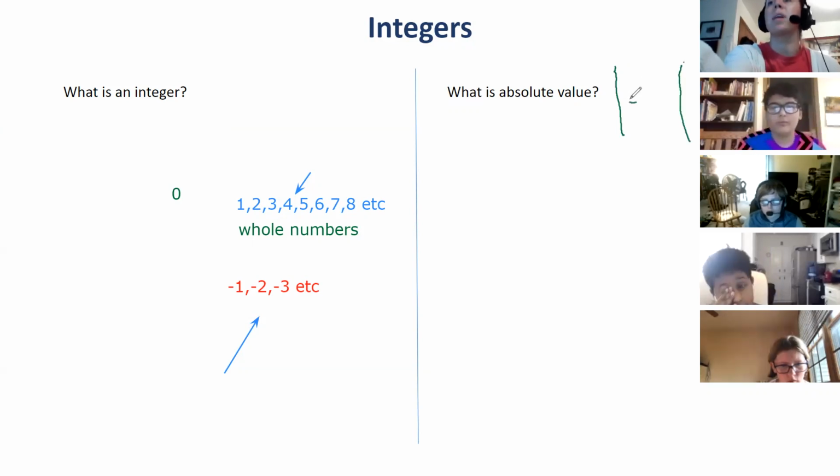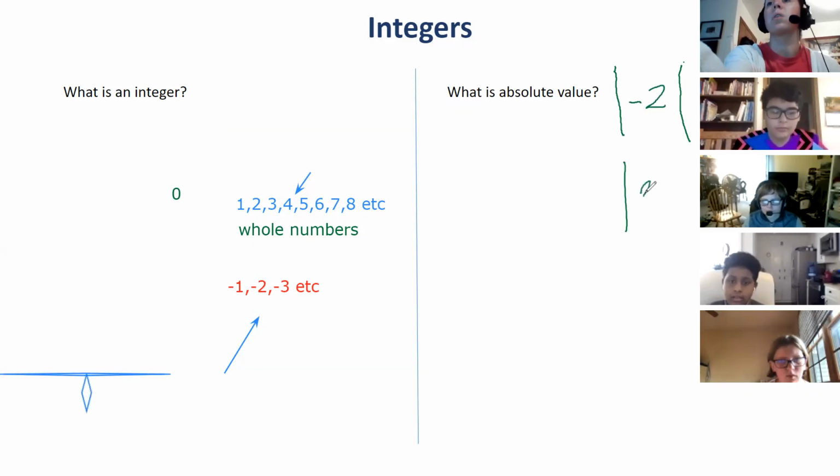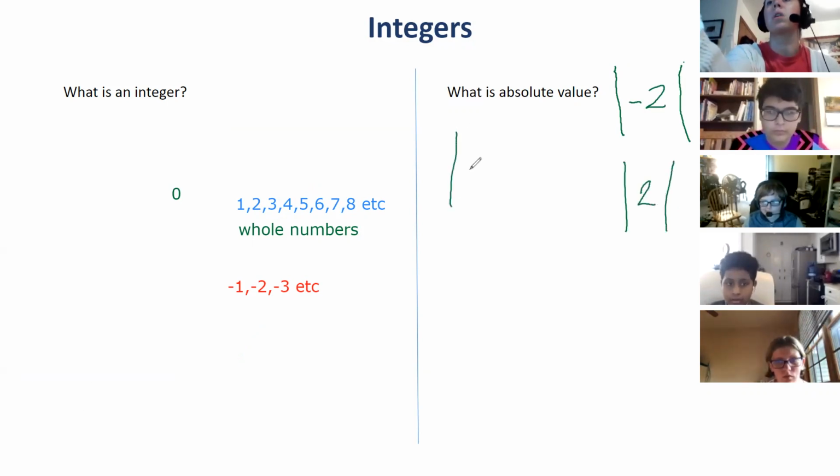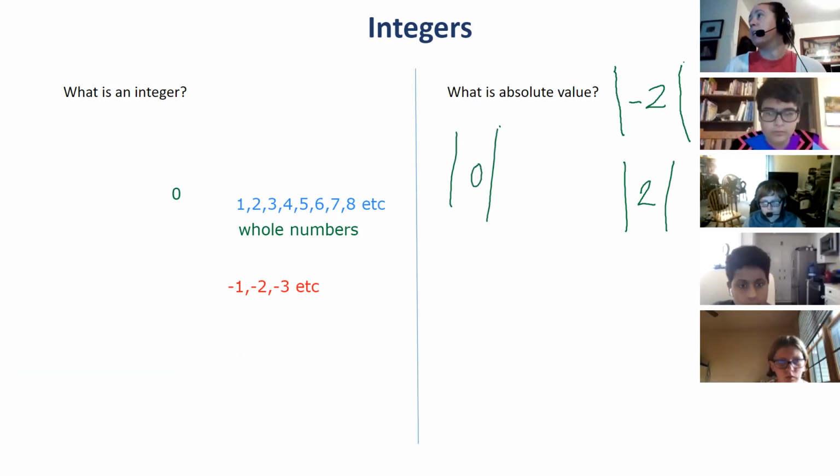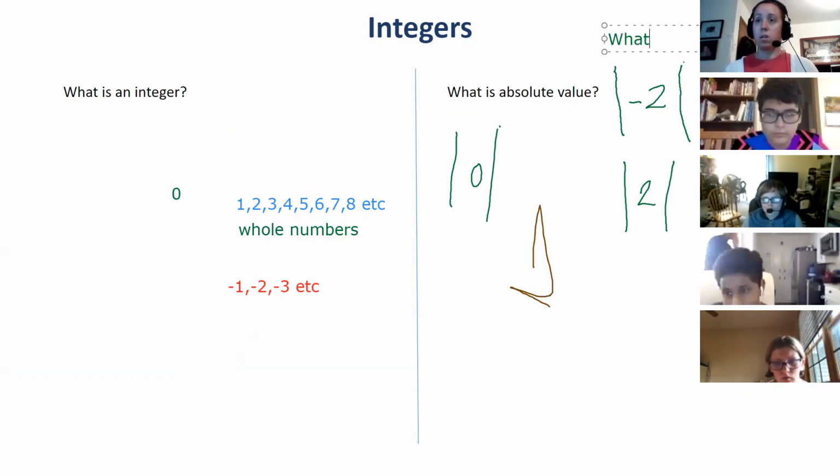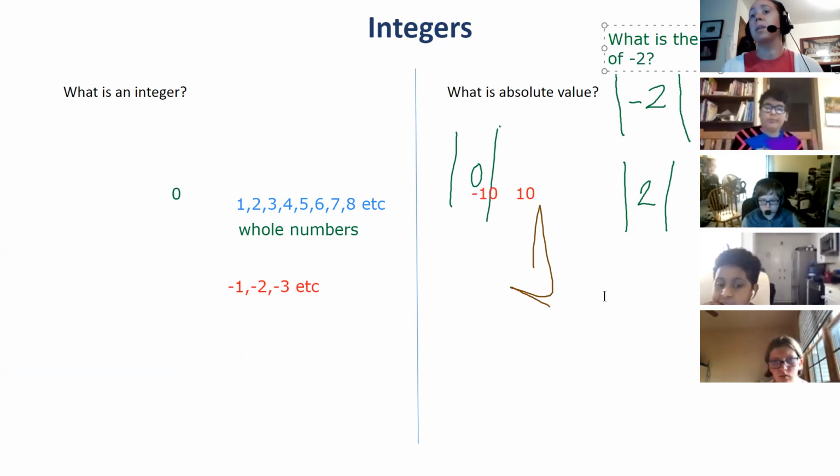So like that would be, what is the absolute value of -2? Or 2? Or 0? That little thing means absolute value. That's what that means. So what do you guys think?